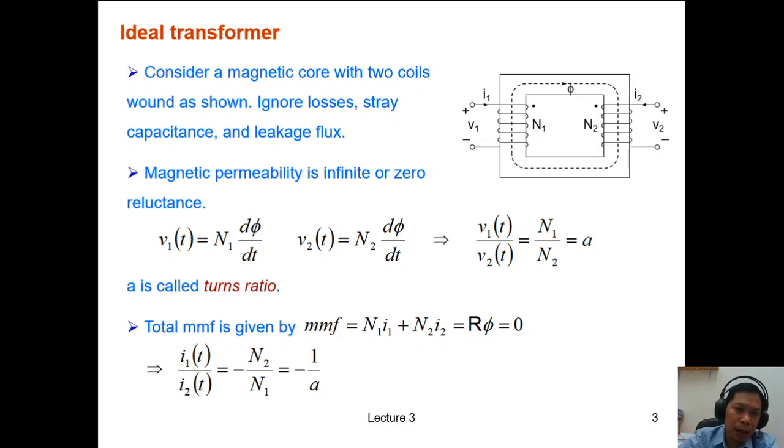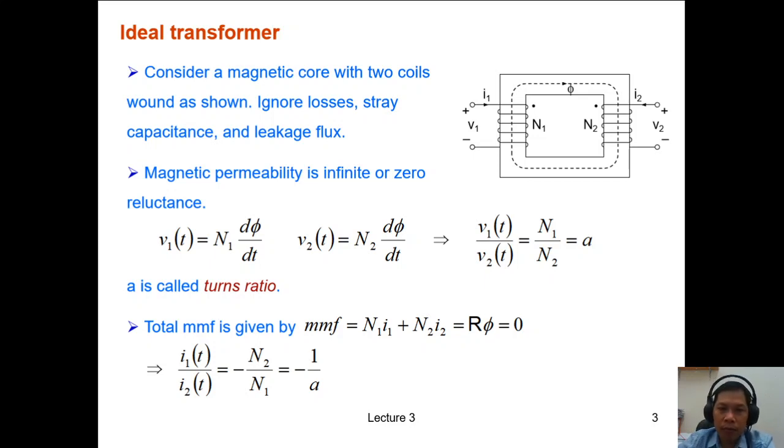Let's consider a magnetic core here with two coils, coil 1 and coil 2. Assume we ignore losses, parasitic capacitance, and also leakage flux. Also, the magnetic permeability of the core is infinity.